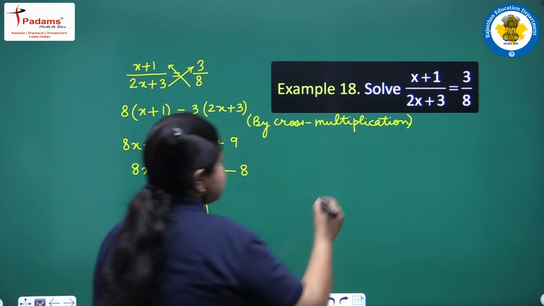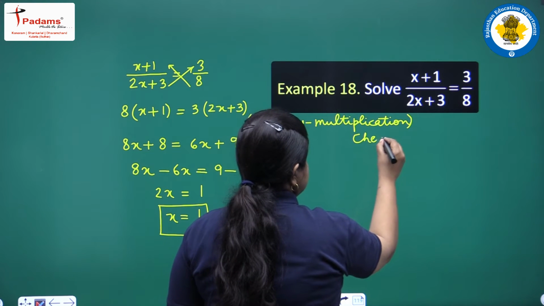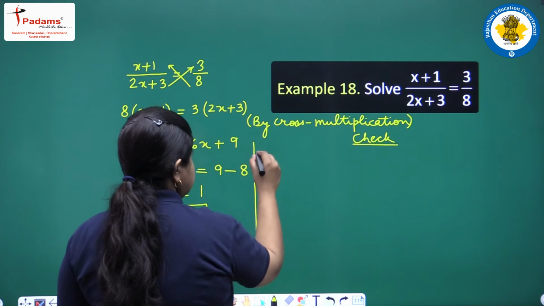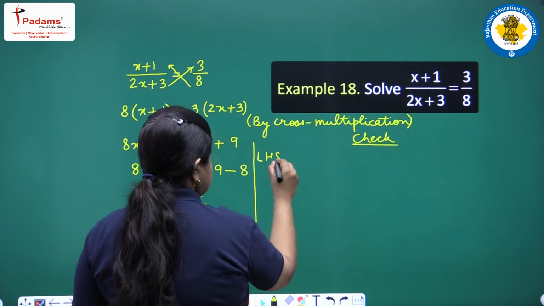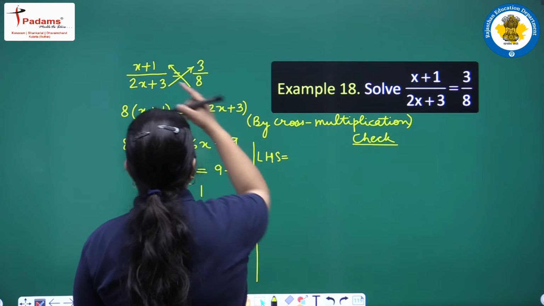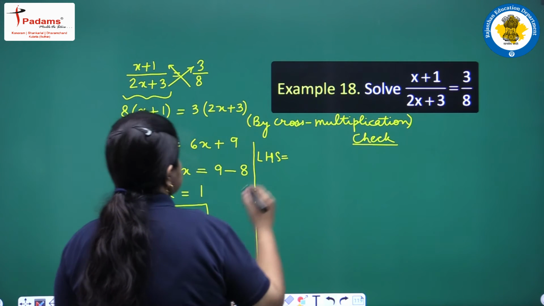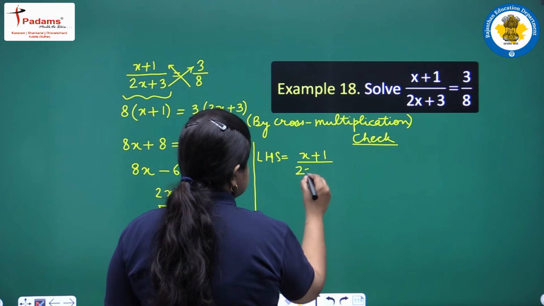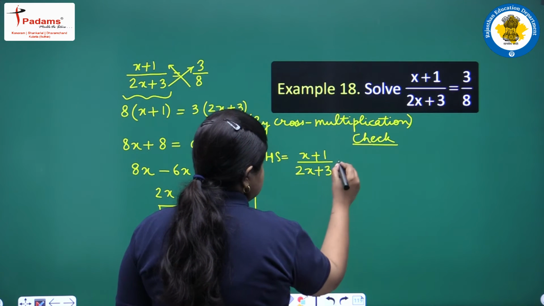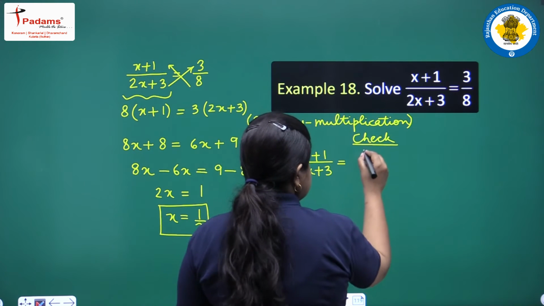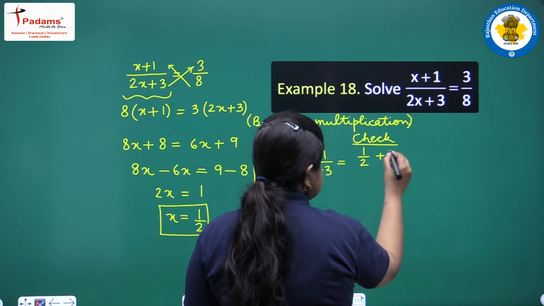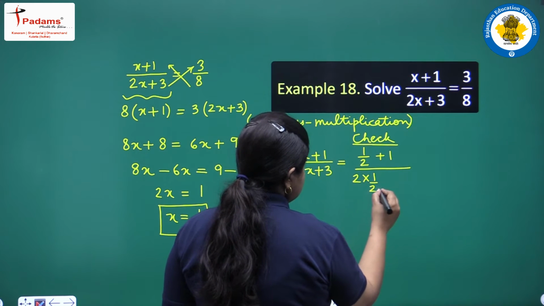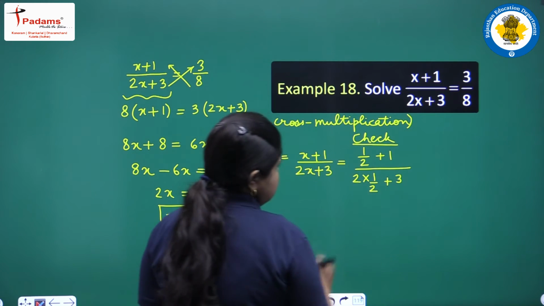We can check our answer also. Let us check it by putting this value of x in the LHS. We have LHS equal to (x plus 1) upon (2x plus 3). We put the value of x, it is (1 upon 2 plus 1) upon (2 into 1 upon 2 plus 3).